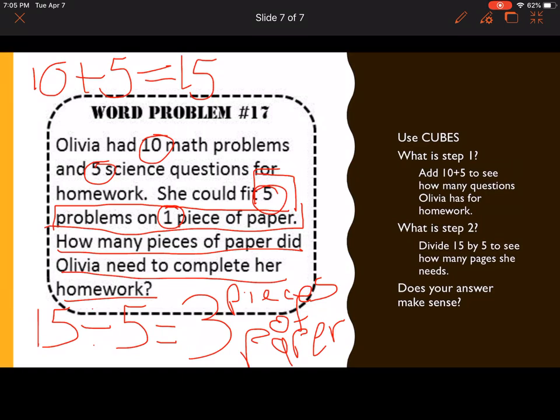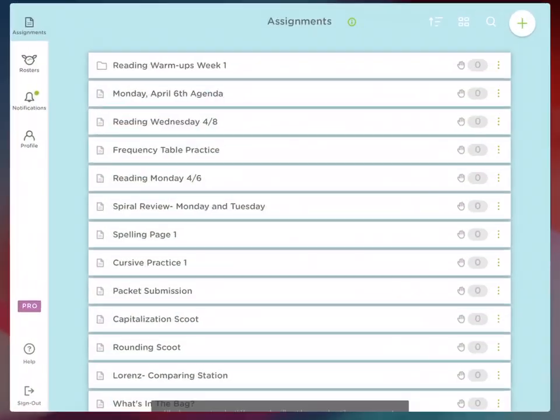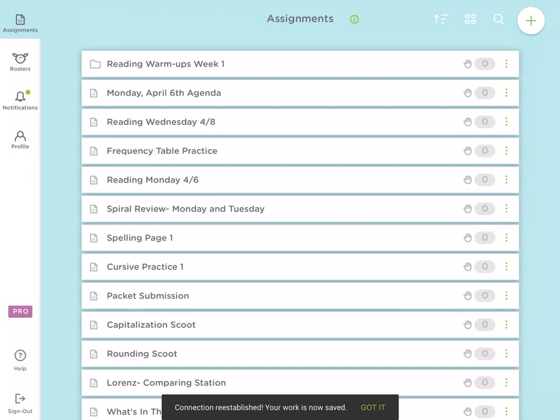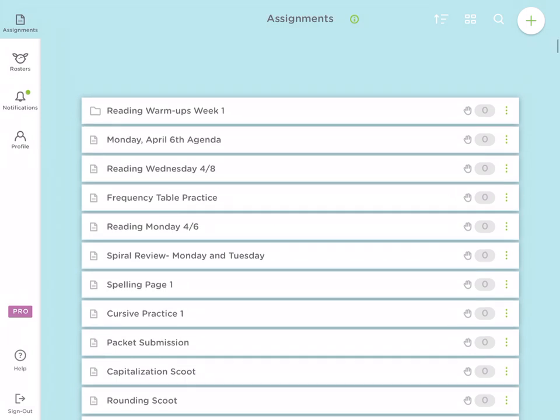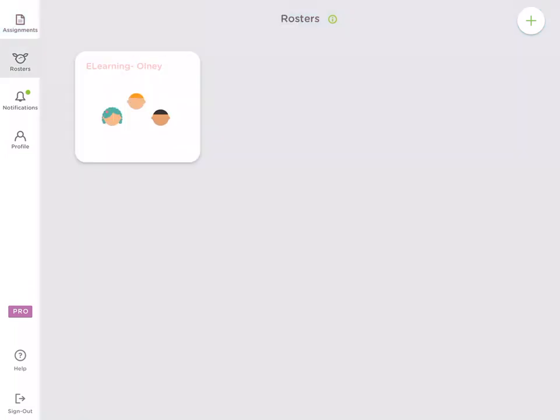All right, I'm going to move us over to Class Kick, and I'm going to do the first problem with you. There are 4 sheets in the Class Kick. We're going to do the first one together, and then the other 3 are for you, but I'm going to explain how to do it, okay? So, let's see here.